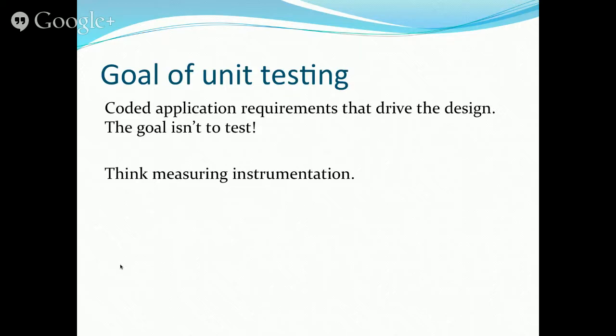They'll try to think about how can I do something that's going to break this thing, right? And that's actually not the best way to do unit testing. I heard somebody say this once: you think of your unit tests as just a way of measuring your application. It's a bunch of levels and dials that give you a status of your application, right?